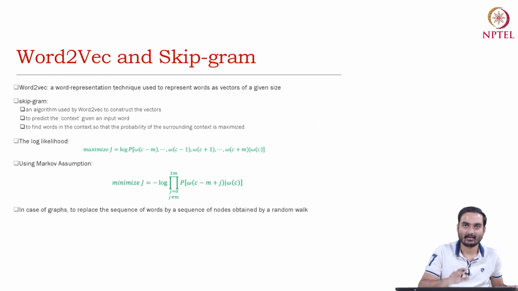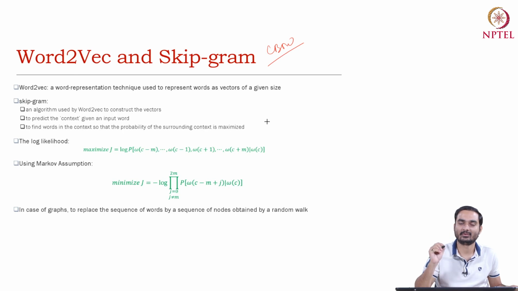This is called skipgram. In skipgram you predict the embedding of the context given the central word, whereas there is another approach called CBOW. In the CBOW method you basically predict the embedding of the central word given the context words.